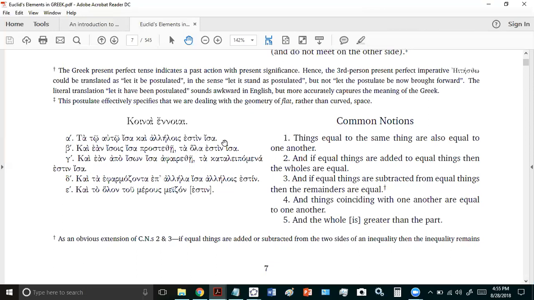So ancient Greek, again, just a little diversion into the language, is quite different from modern Greek. You'll never hear a modern Greek use this expression here.